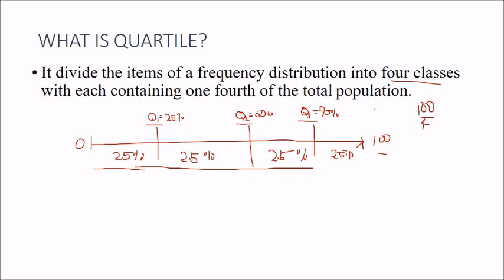So unsa diay ipasabot if naa kay 25% diri. So it means that 25% of the data points are less than this value. So 75% are greater than this value here.